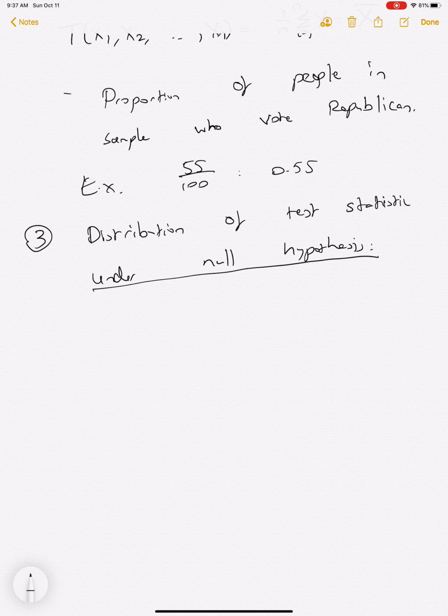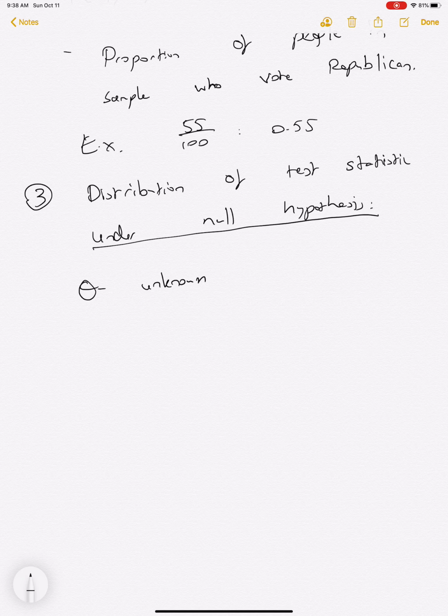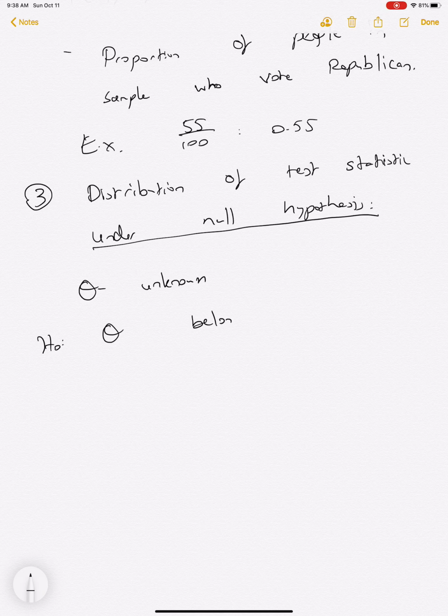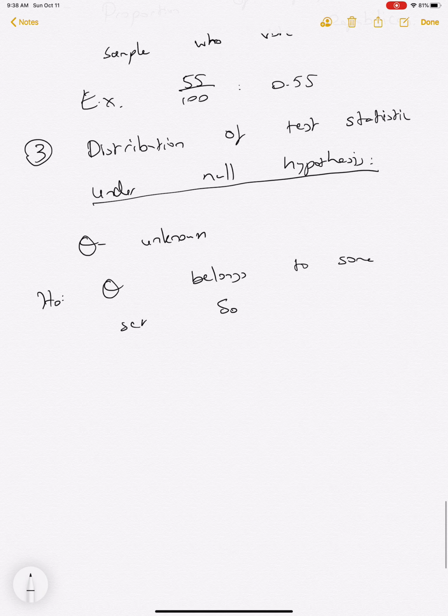So remember that theta is unknown, and so H naught, for example, might be theta belongs to some set, say we'll call that S0. For example, if that set is just one point, we just have theta equals theta 0.